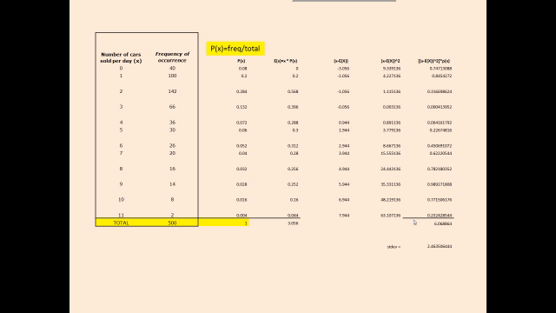Now keep in mind here that we're interested in the number of cars sold per day, so we're going to let that be x, our random variable, and you should also notice that our random variable x in this case is discrete. It ranges from 0 to 11, and we have a finite list of possible outcomes. So we have a discrete random variable, and that means that we're creating a discrete probability distribution.